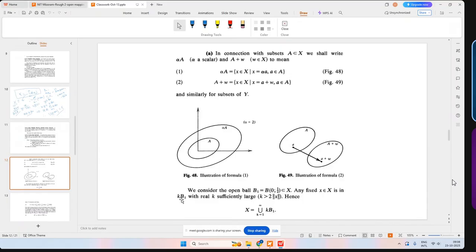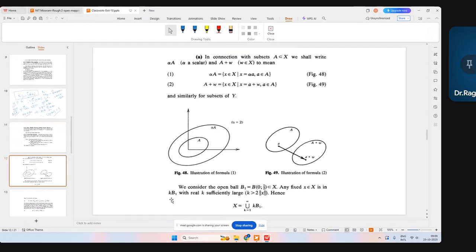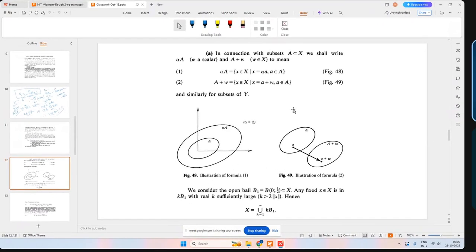I am not talking about B of 0K. You look at the definition 1 on the top. We are multiplying every vector of B1 by K. So what will be the length of the vector now? It will be K. So if the norm is less than or equal to 1, then the norm will be less than or equal to K. So what is KB1? It's a ball of radius K around 0. Clear? Yes, sir.